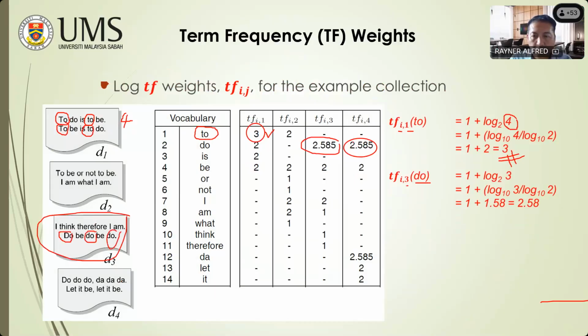So what we want to show here is that when we have "do" in document 3, it exists 3 times. We just plug in the value here, then we get 2.58. Okay.